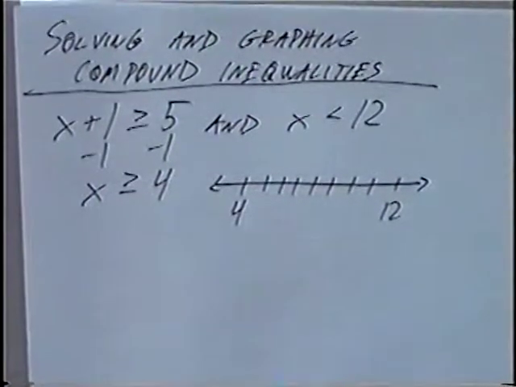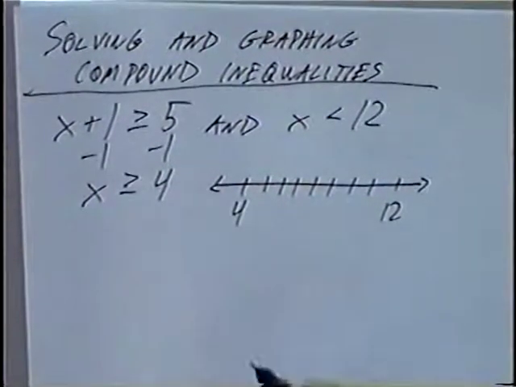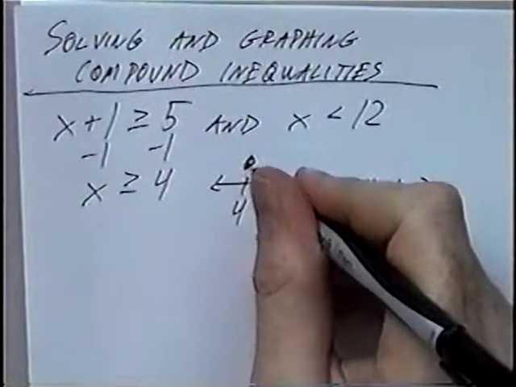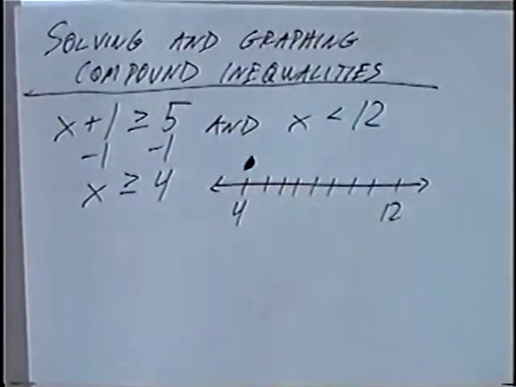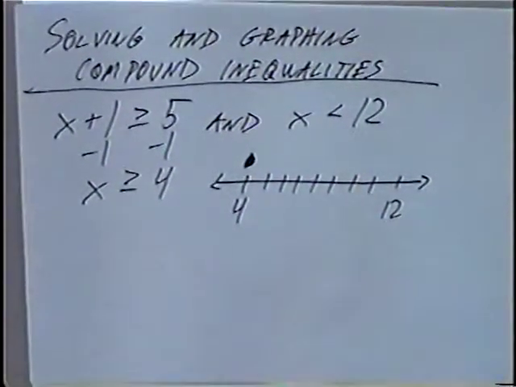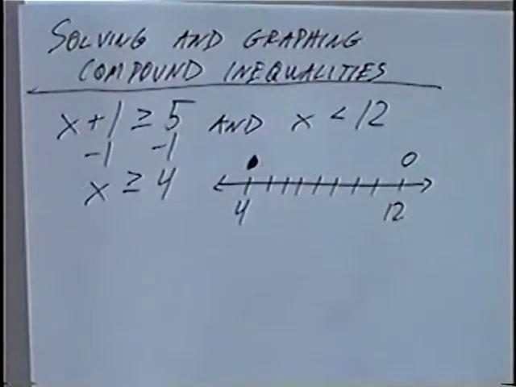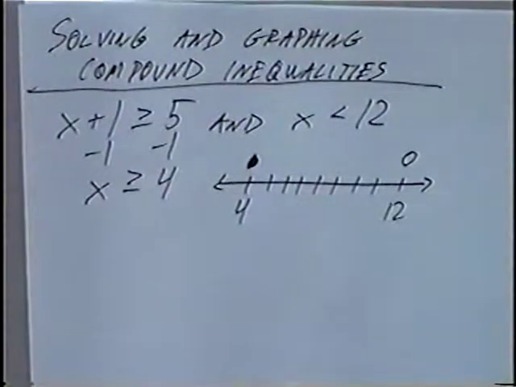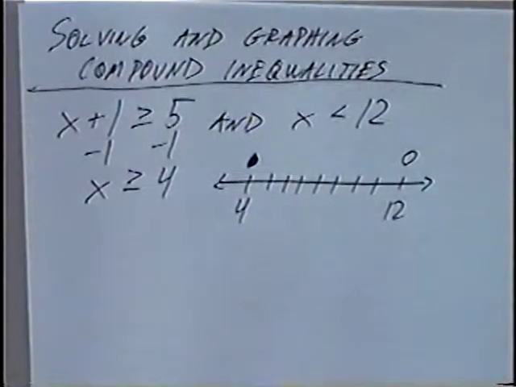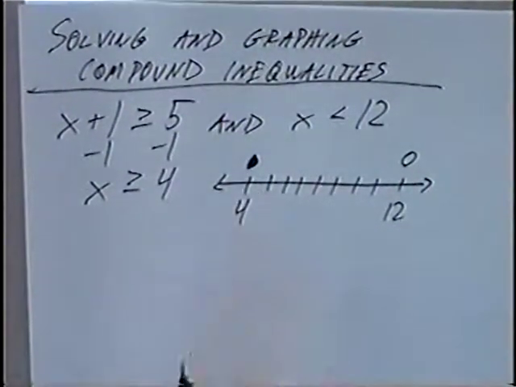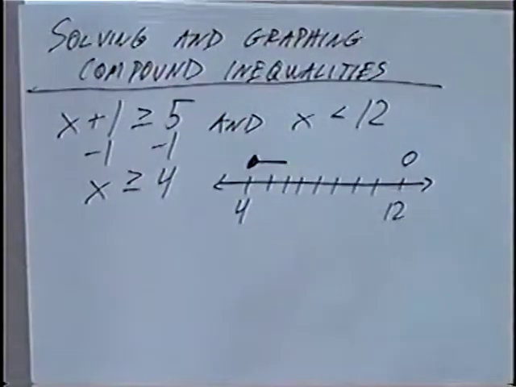X is greater than or equal to positive 4. Greater than or equal to is a solid dot or a closed dot. X is less than 12. Less than would be an open circle. X is greater than or equal to 4. Greater than, again, would go to the right.